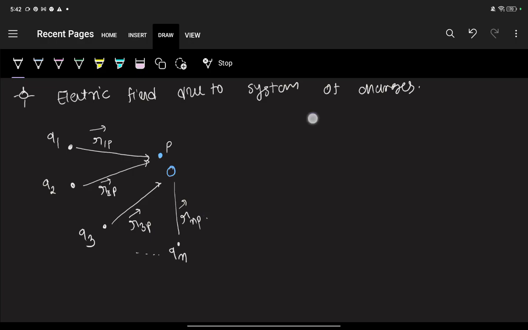We know that at r distance, the electric field due to a charge is simply kq upon r square. In the same way, due to q1, the electric field at point P will be kq1 upon r1p square into r1p cap.